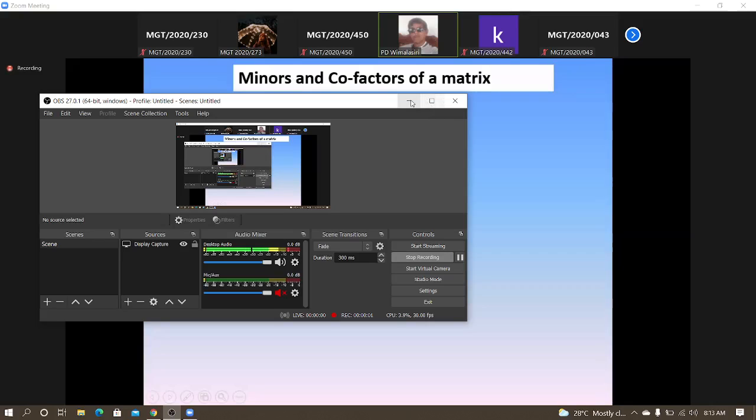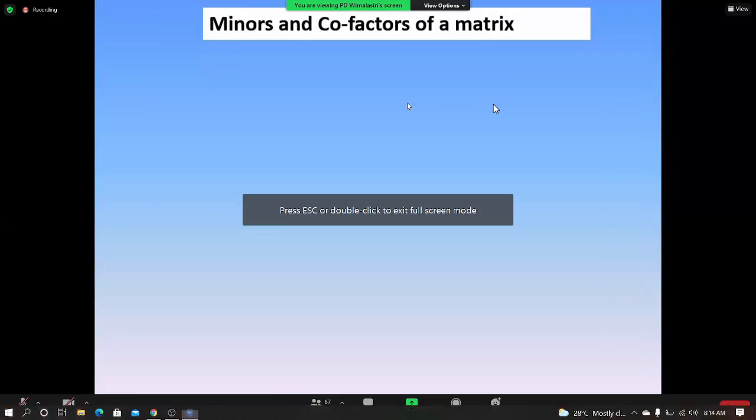Minors and cofactors of a matrix. Right?